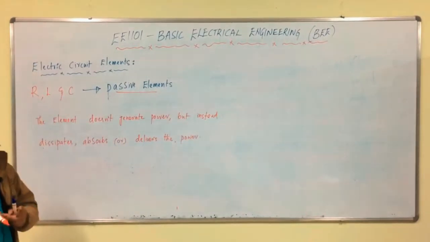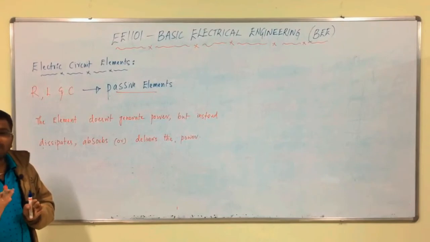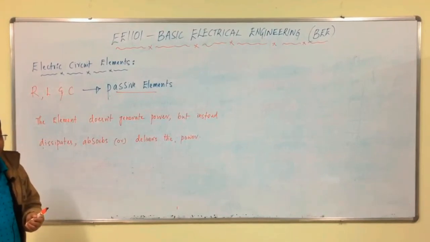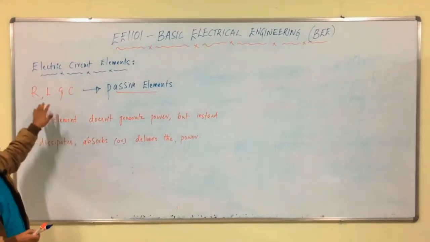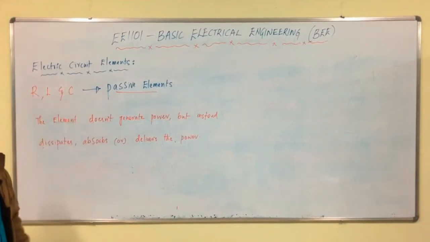Simply it has to dissipate the power, absorb the power, deliver the power, that is it. They do not have the capability to generate the power. Okay. This is nothing but a passive element. So, simply resistor, inductor and capacitor are nothing but passive elements.